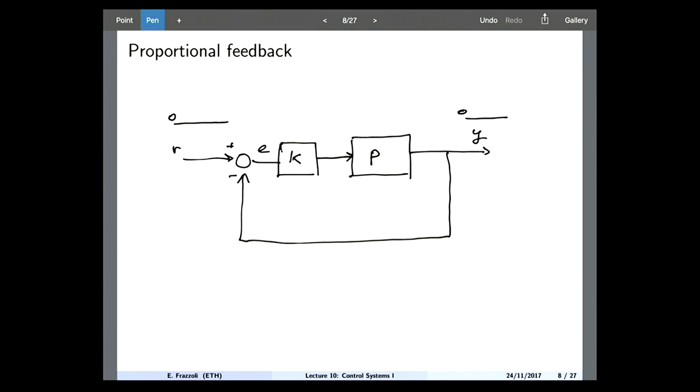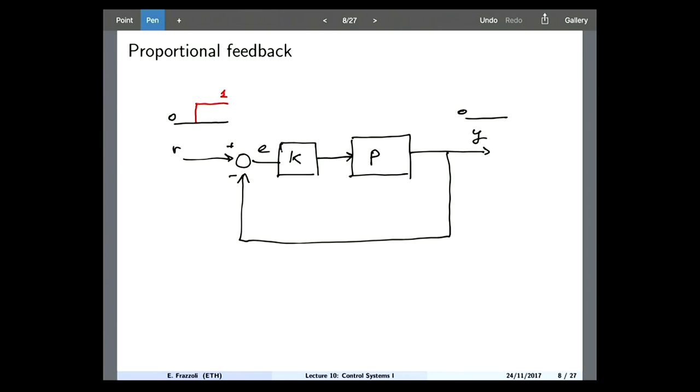Now, what happens if at a certain point I decide, well, you know what, I actually would like my reference command to be 1, or whatever other number? What happens to the steady state behavior of my system?